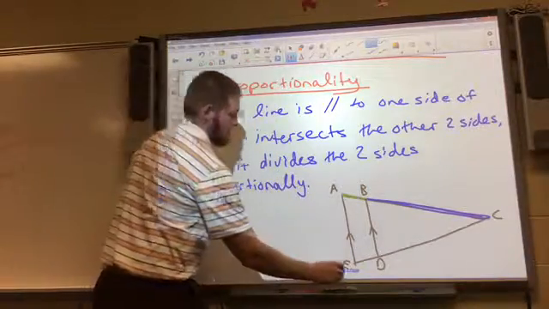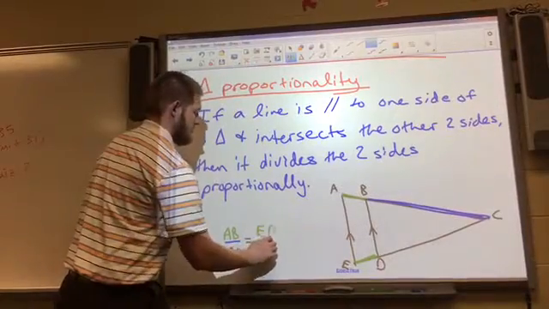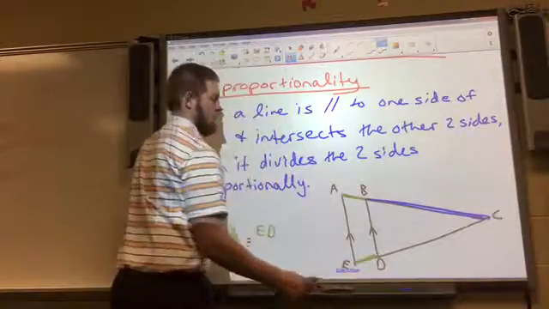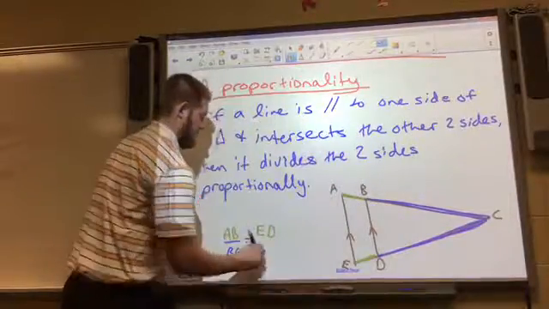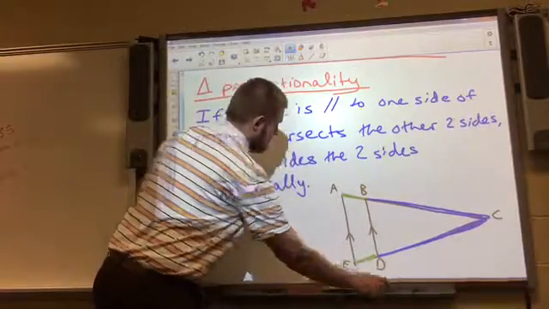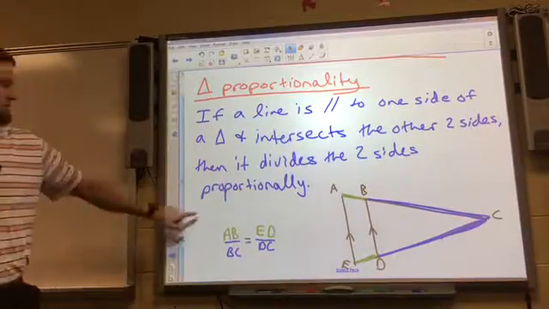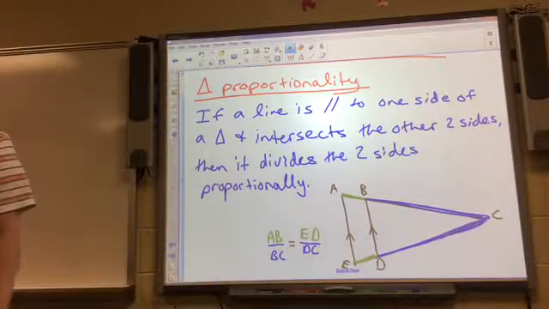That has to be equal to ED over DC. Have some of us been doing that already?